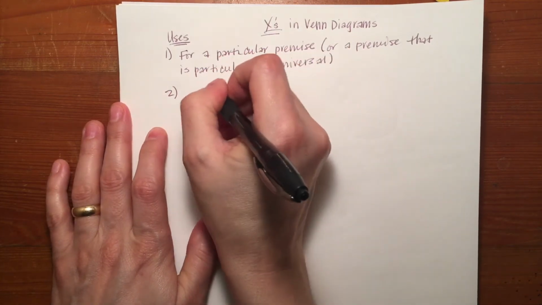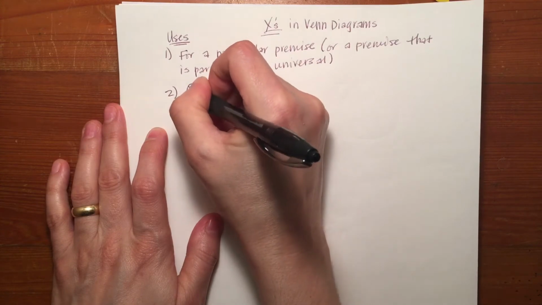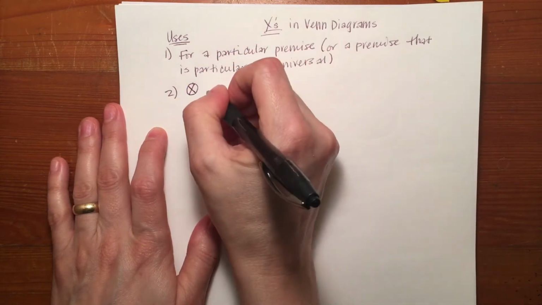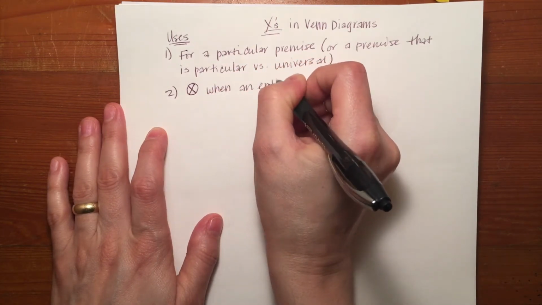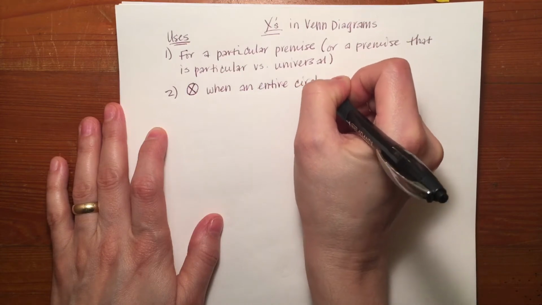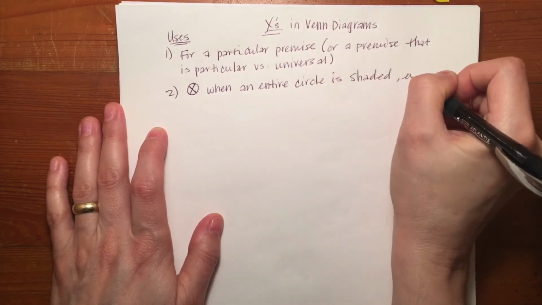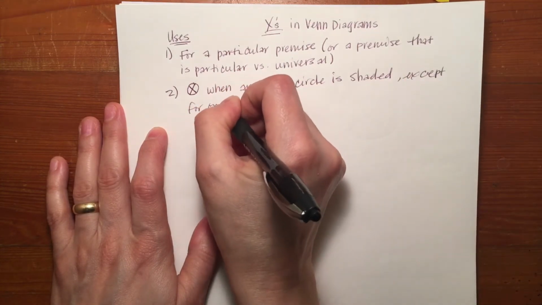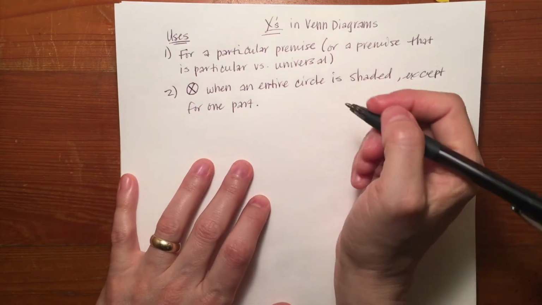And two, the X with the circle is used not for particular statements, but when an entire circle is shaded except for one part.